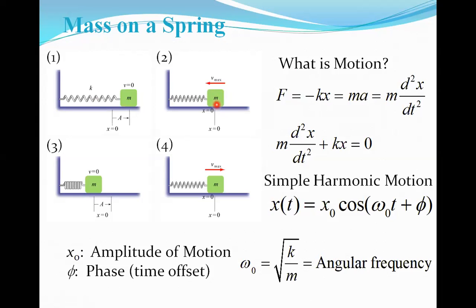Unless and until the force is applied, the body will not change its state of rest. When the force is applied, there will be an acceleration. So mass into acceleration is nothing but force. And here F is equal to ma, or F is written as minus k into x.